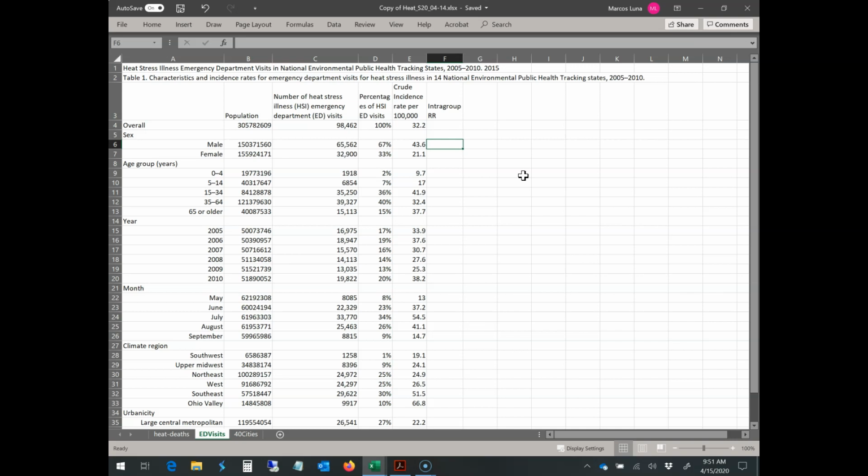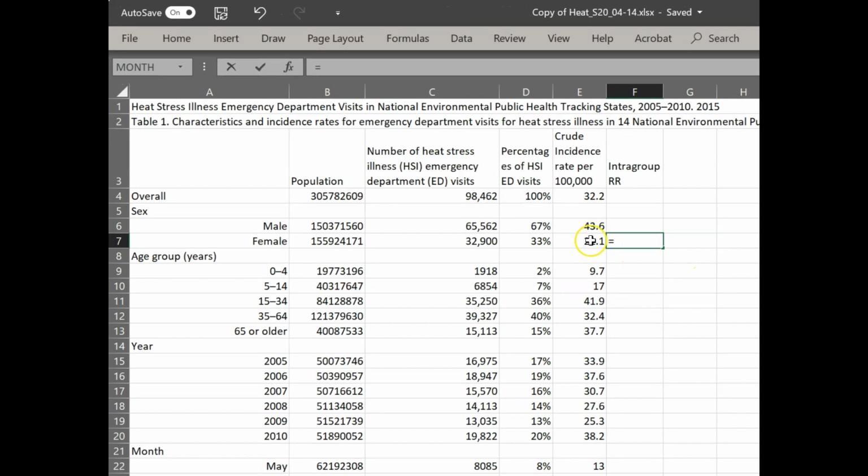So what does that look like in terms of the sex? Let's say that females are the target group of interest, right? And so what that means is that the female incidence rate is the numerator in the calculation, and then we divide them by the males, the point of comparison, right? And so when we do that, the number that we get tells us how the females compare to the males.